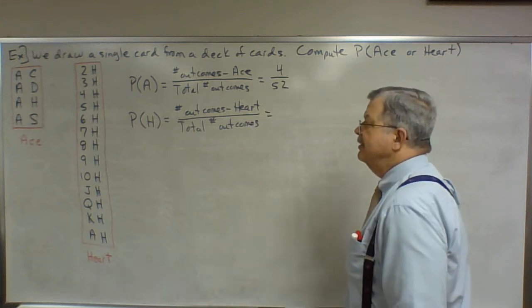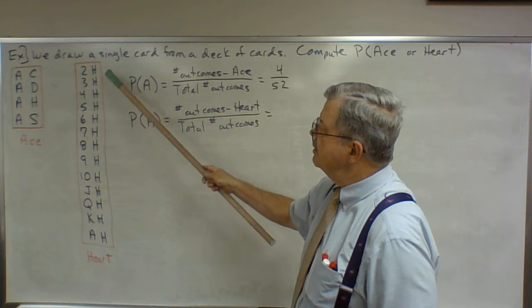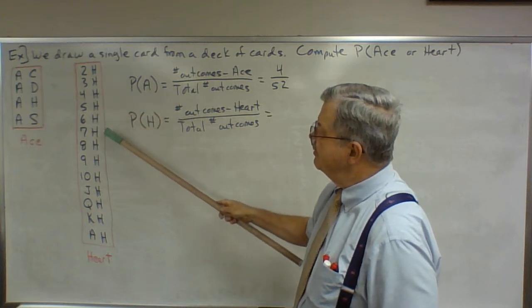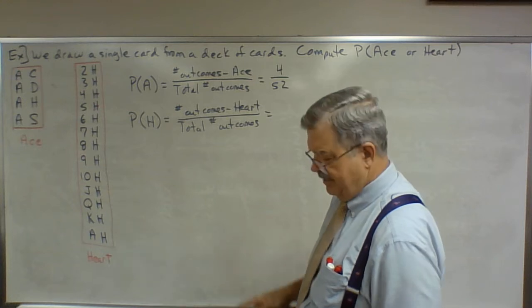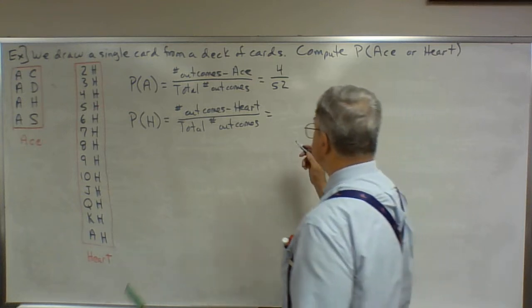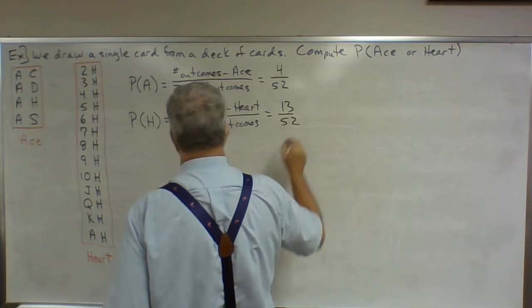Number of outcomes that give us a heart: 1, 2, 3, 4, 5, 6, 7, 8, 9, 10, 11, 12, 13. 13 over 52.